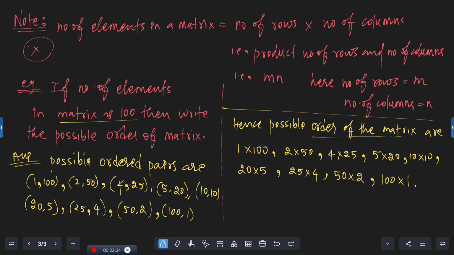In the MCQ, they will ask how many possible orders there are, and you will give the count. They will also ask to find how many possible orders are there. Understand? So it is very important. In an MCQ model, they will be asking this. Based on order, if they ask any creative question, it will be like this only. Understand? Right. Next, what do you have to do?